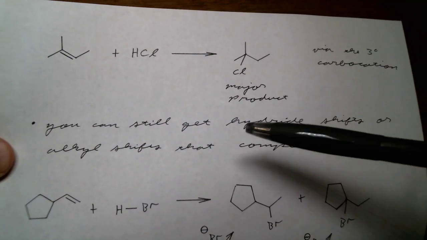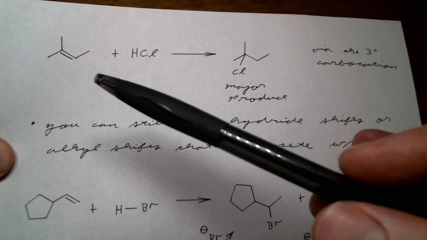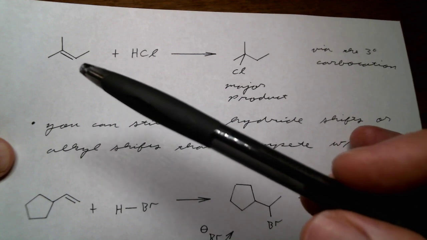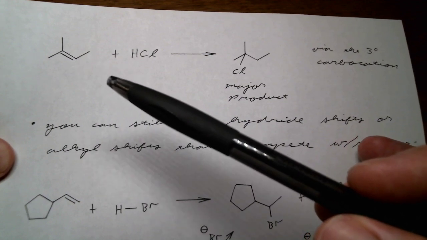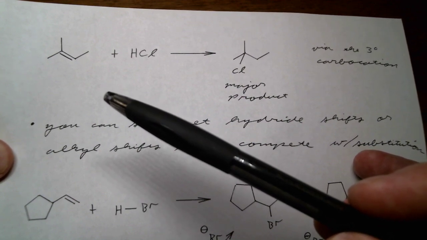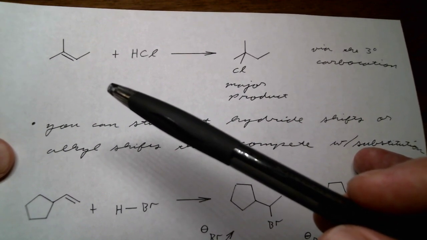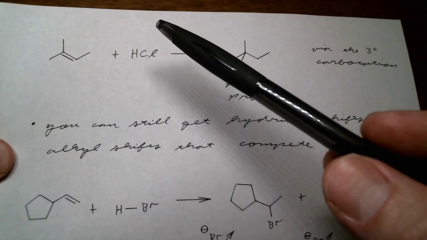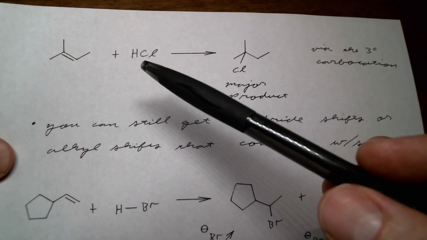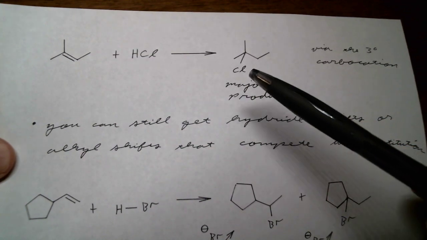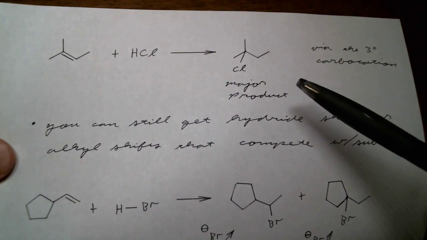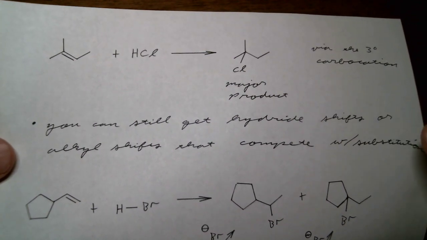In this case, where we've got 2-methyl-2-butene, and we're adding HCl, we're going to protonate that alkene in such a way that we form a tertiary carbocation as opposed to a secondary carbocation, because the tertiary carbocation is most stable, and a chloride anion, which is the conjugate base of our acid, is going to substitute into that tertiary cation and give us this 2-chloro-2-methyl-butane as the major product.